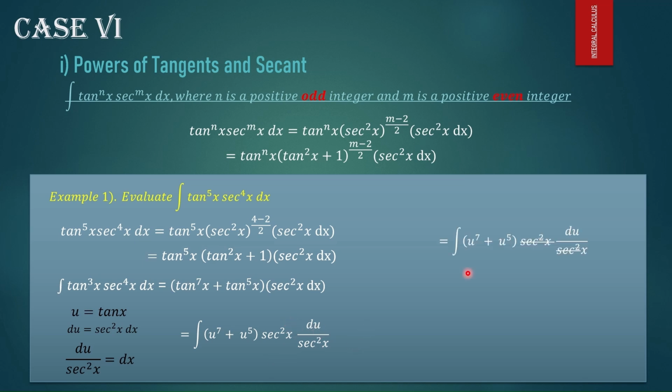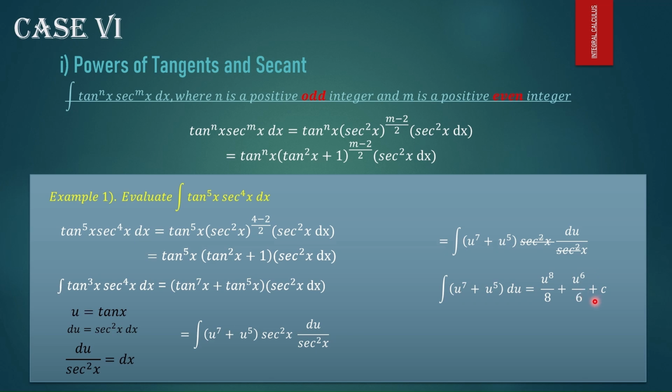So with that, we can easily cancel out secant squared x. By simple power rule, we can integrate this form. So we can have u raised to 8 over 8 plus u raised to 6 over 6 plus c.